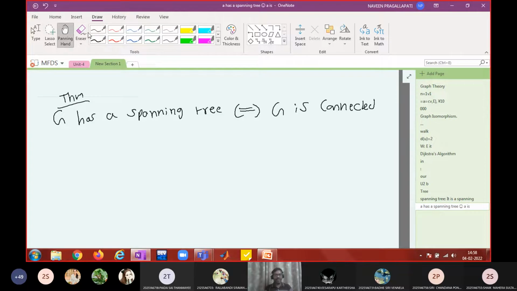If a spanning tree exists, it has to be a connected graph. So that's the result.